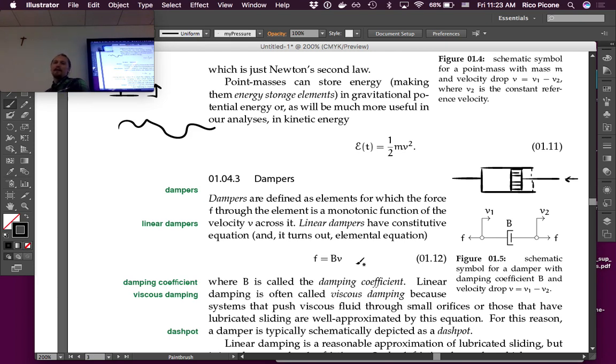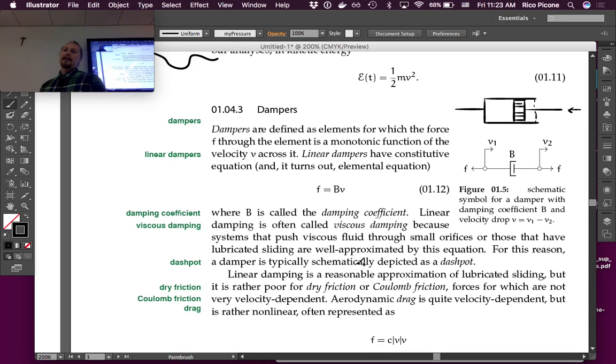It's also used a lot for modeling lubricated sliding. If you have two parts that are sliding and it's lubricated, the faster you go, the more it will resist. It will have a friction force that's proportional to the velocity. It works for modeling bearings this way, for rotational ones. We'll get to that.